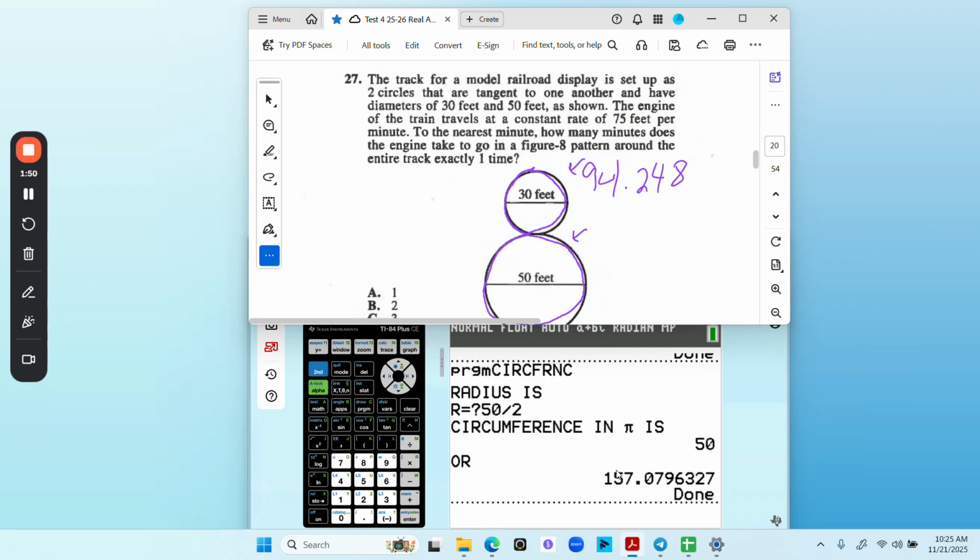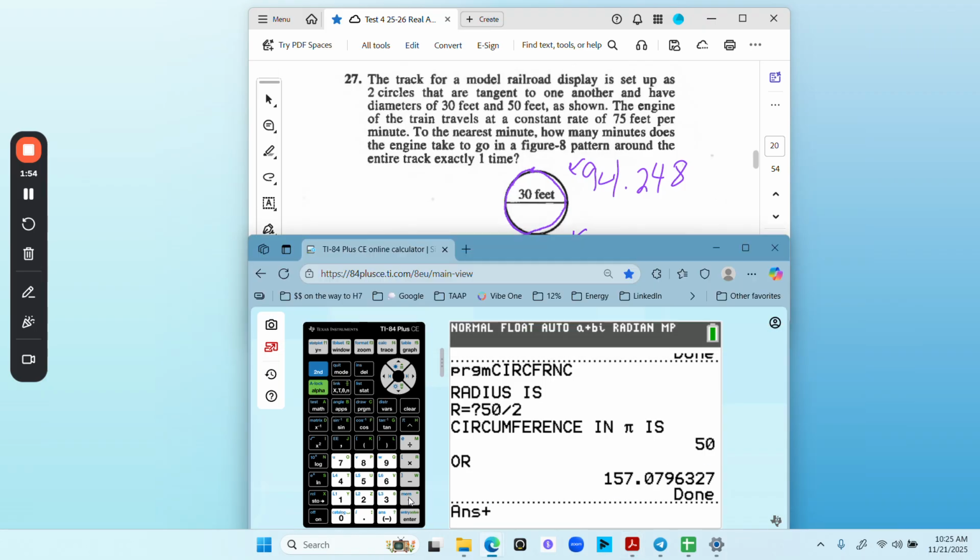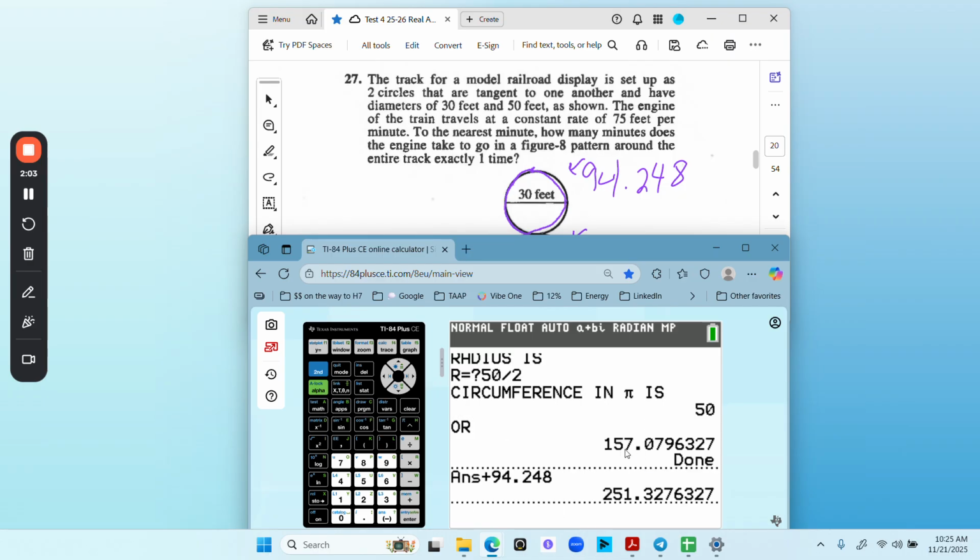Now this number is actually the most recent number in the calculator. So if I hit plus and then add in the 94.248, it's going to add the 157 and that number. So 251 is how long that whole track is. It's how many feet it is.